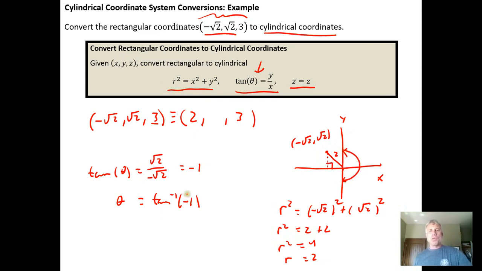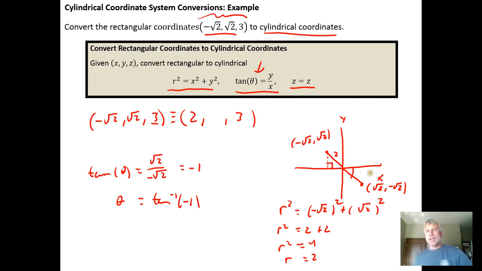So if the side ratio right here didn't correspond to a special angle, which it does, and you just use the calculator to get the tangent inverse, you would get the wrong angle. So you would wind up getting the angle down here that corresponded to the point square root of 2 comma negative square root of 2, because the tangent of theta is negative 1 down here in quadrant 4.